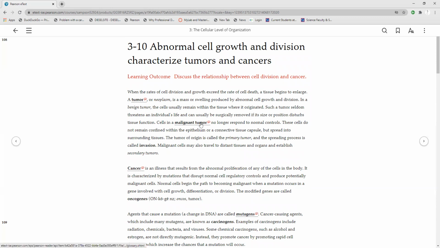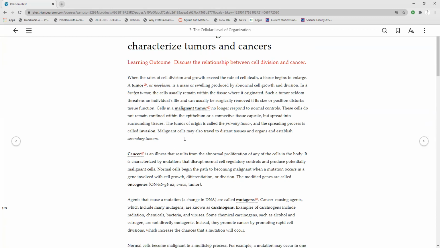Malignant tumors, of course we all know this, are the bad ones. They actually invade tissue and cause it to change, or they're mutagens. So malignancies are bad because they invade the tissue, all right? Those are called primary tumors.